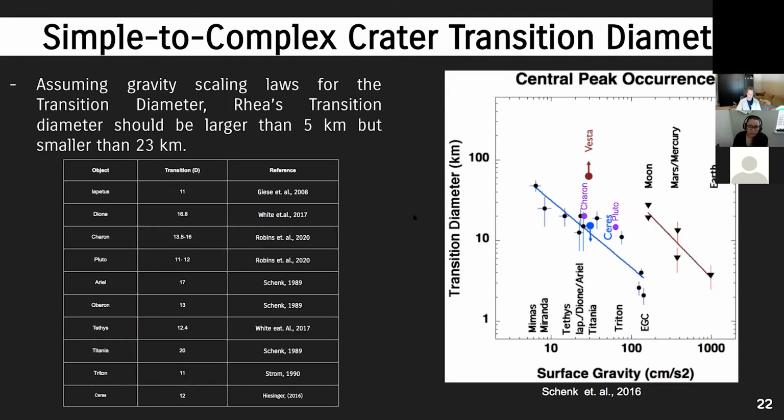Now, taking into account the gravity scaling laws for the transition diameter, and using the plot by Schenk et al., if we insert the values that we collected for Rhea, we're expecting it to occur around this range right here, which follows the trend of the transition versus surface gravity.